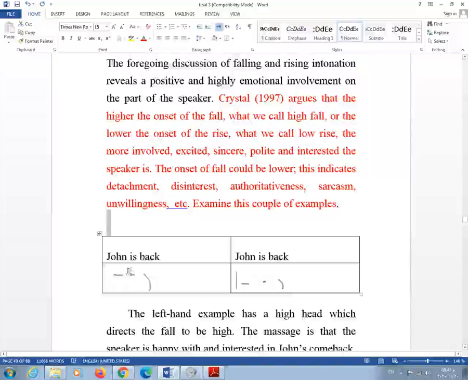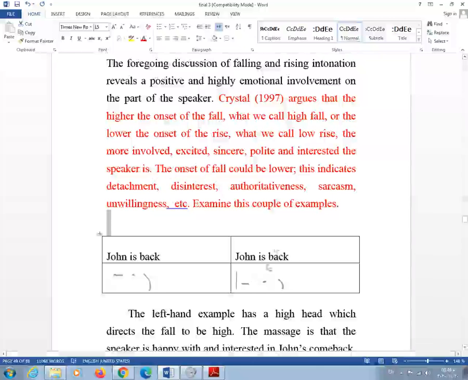So in the first, John is back, the speaker is so excited, so interested, so involved, so sincere, so polite, so happy, or maybe so angry, shouting or something like that.